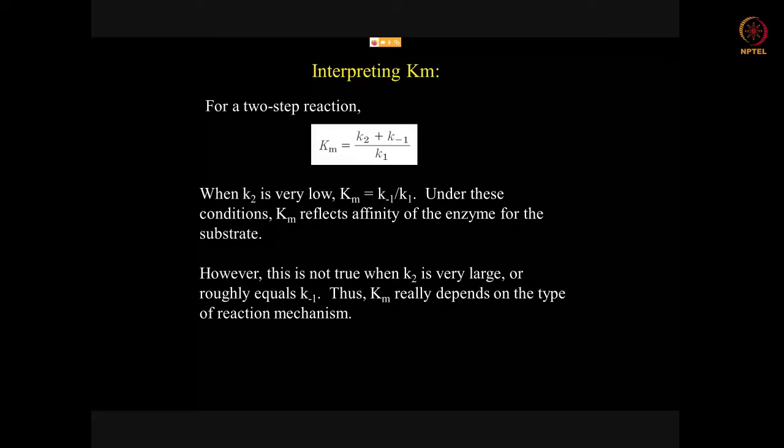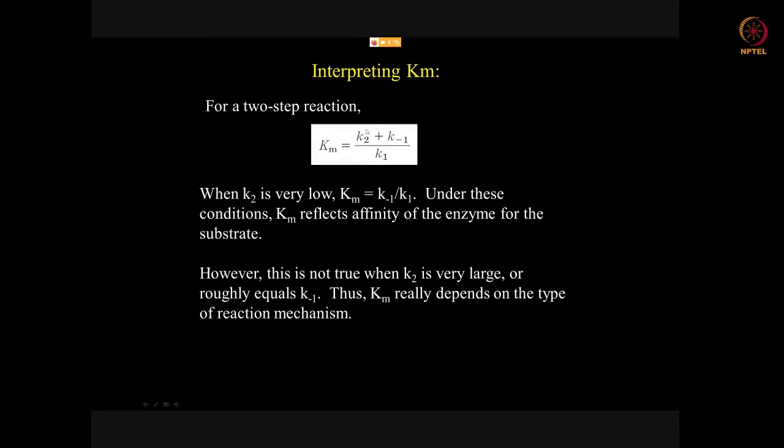So that is what this slide is trying to tell you. For example, where K2 is very low, let us say you are looking at the very initial reaction where ES formation and breakdown is the main thing. ES has not yet started producing E plus P. So K2 will not be a major factor.